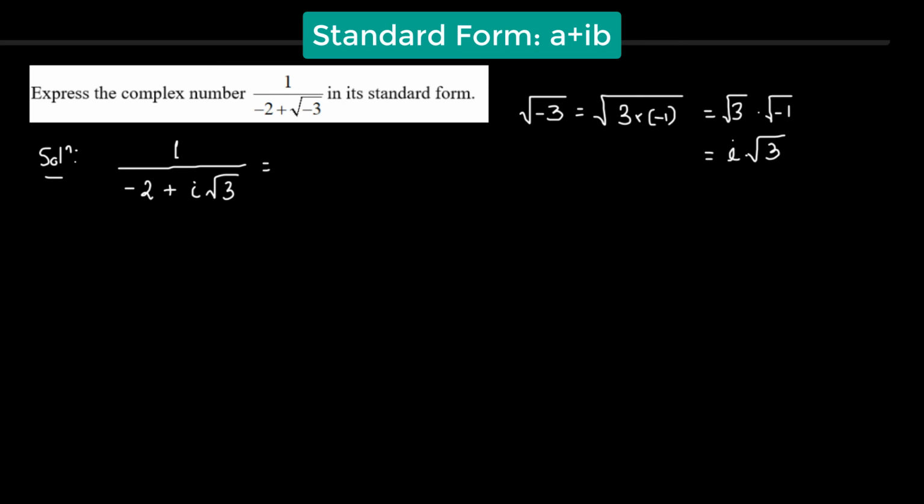Now we're going to multiply and divide the given expression by the conjugate of the denominator. So that would be -2 minus i times root 3 divided by -2 plus i root 3 multiplied to -2 minus i root 3.